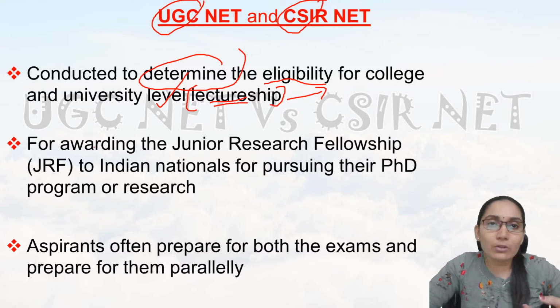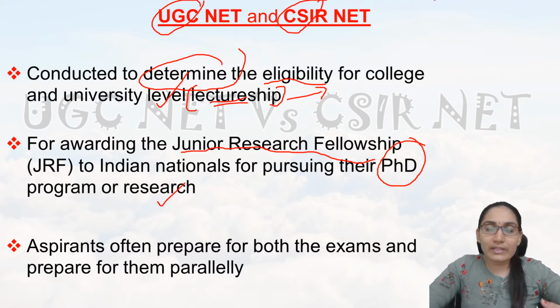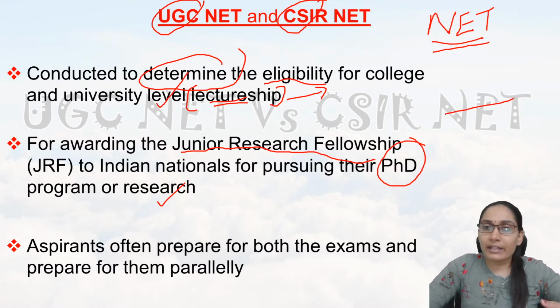This is also given for awarding JRF, which is the Junior Research Fellowship, to Indian nationals for pursuing their PhD program or research. When you give the NET examination, you will see that the cutoff will be different, but the exam will be the same. If you clear a particular cutoff, then you clear the NET, the National Eligibility Test, to become a college lecturer or a university lecturer.